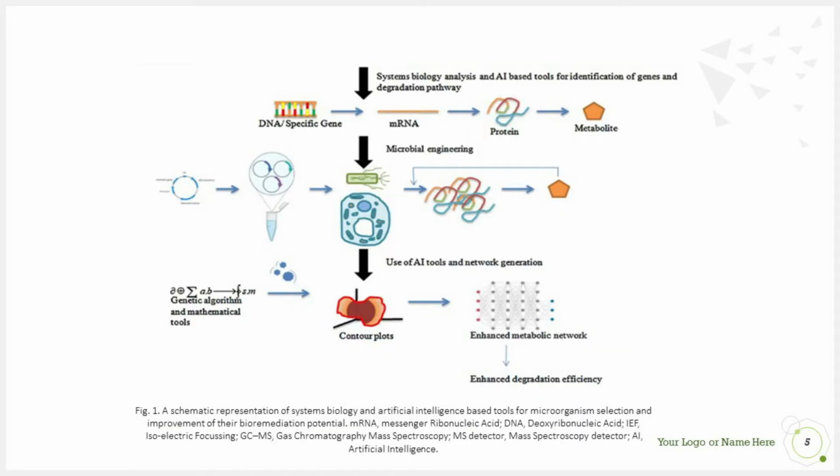From the figure, computational tools help in generating the data of different pathways and interlinking of different genes and their products. Computational tools and artificial intelligence-based tools are used to design enzymes based on different properties to increase their substrate binding efficiency, thermostability, and activity.